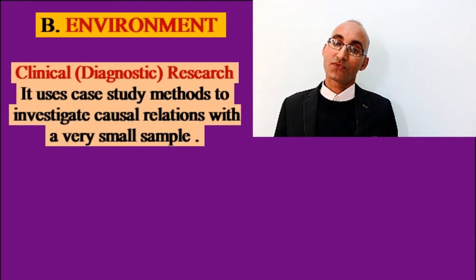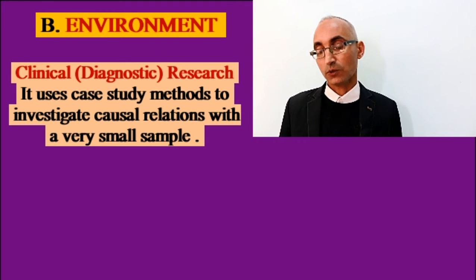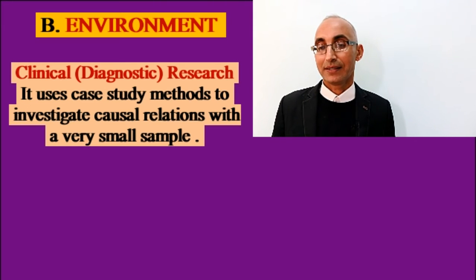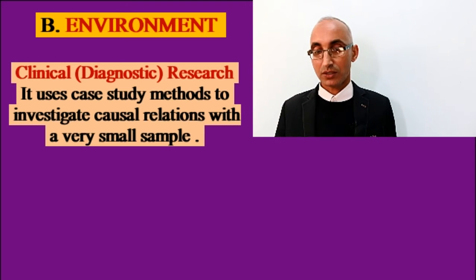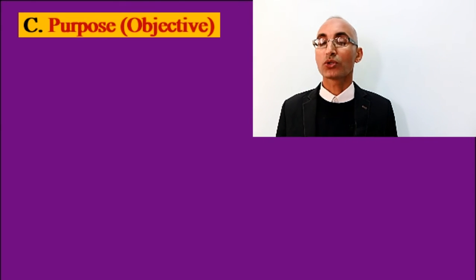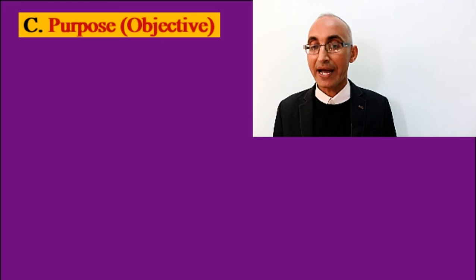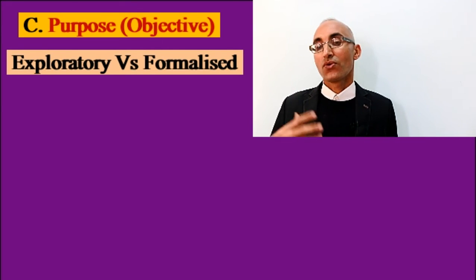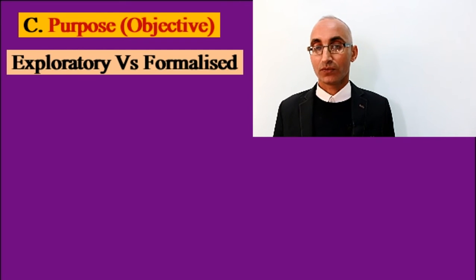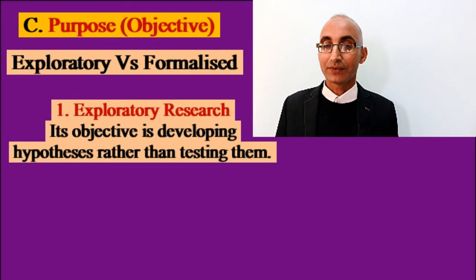A third factor, which is also responsible for coming up with other types of research, is the purpose or objective of research. We have exploratory research versus formalized research. By exploratory, we mean research that has the objective of developing hypotheses rather than testing them.